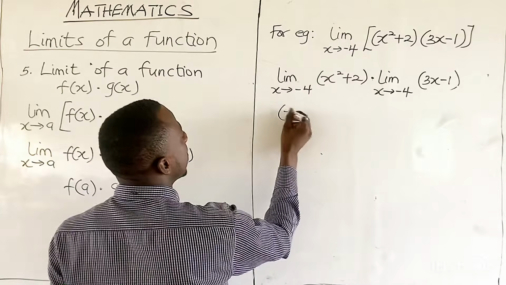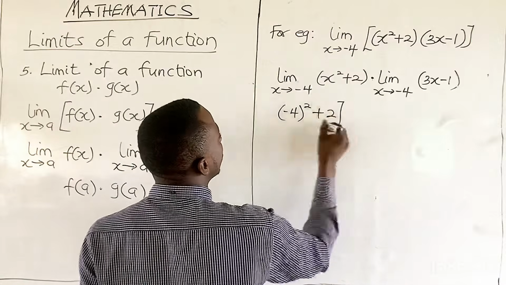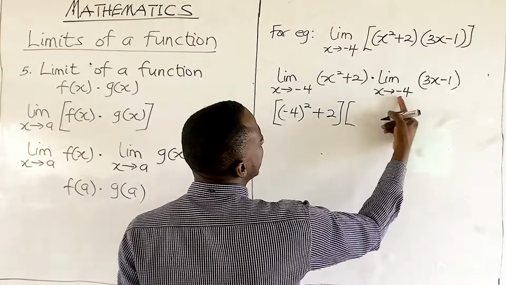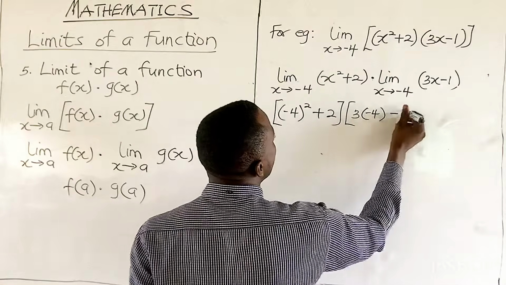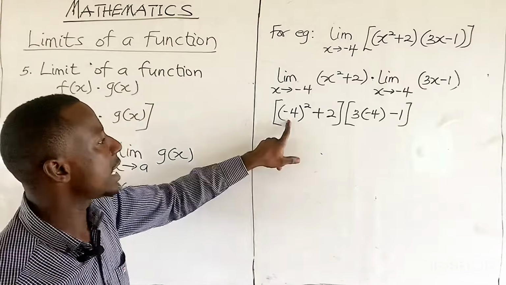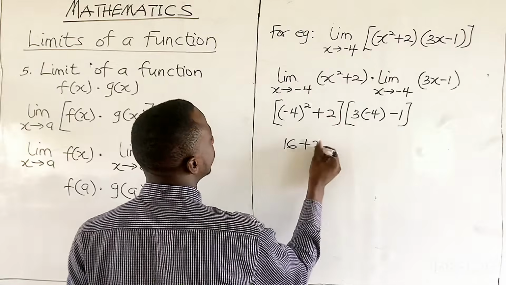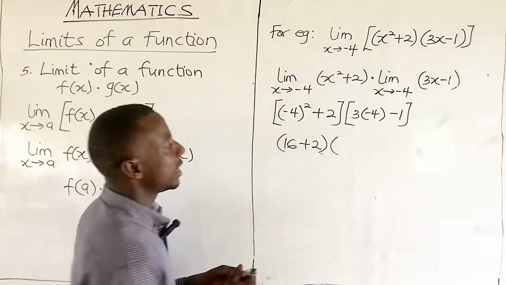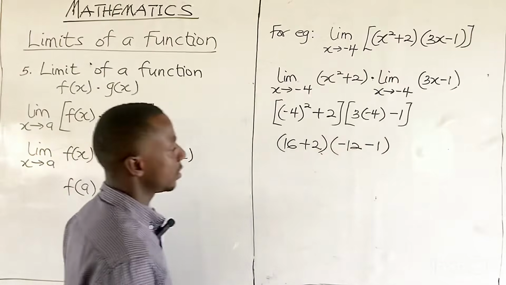Now in this case we will substitute -4 where we see x. So we have -4 squared plus 2, multiplying 3 into bracket -4 minus 1. At this point, -4 squared, we have 16 plus 2. Still within the bracket, then we have -12 minus 1.